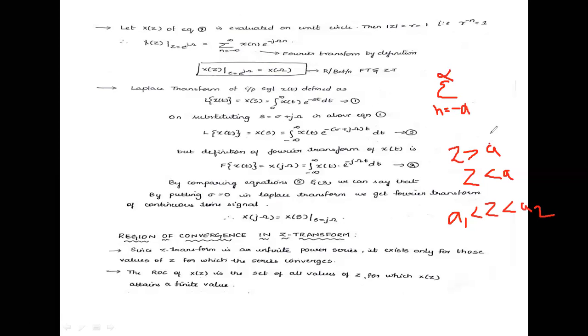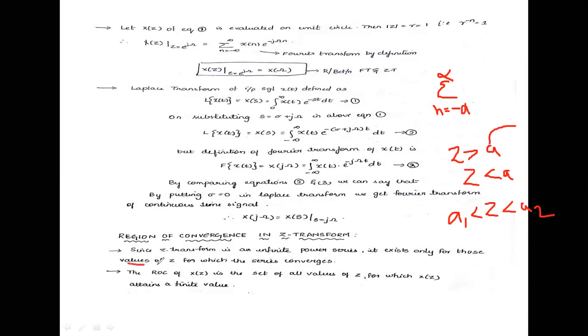Following this, if |Z| is greater than A, for these values only the Z transform can exist. And if |Z| is less than A, it means only on the left hand side values X of Z exists. If we have two regions, A1 and A2, then in between, greater than A1 and less than A2, only for those values does X of Z exist.